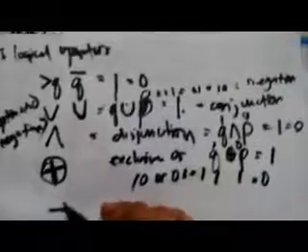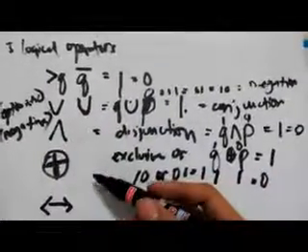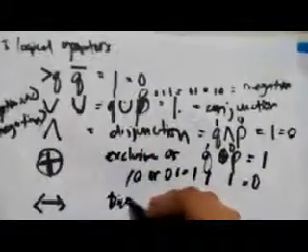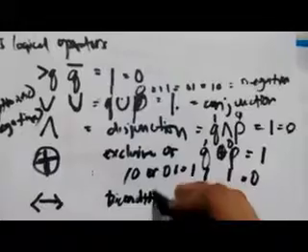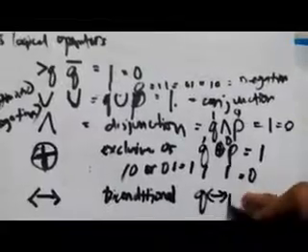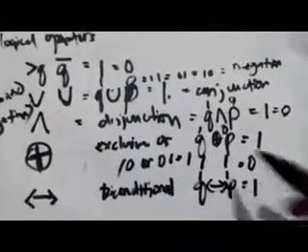Then we have another one this time. It's called biconditional. This time is the opposite of this exclusive. Biconditional, this time it should be the same. Like for example, Q or P. Okay, if it's 1 1, then it's the same, right?